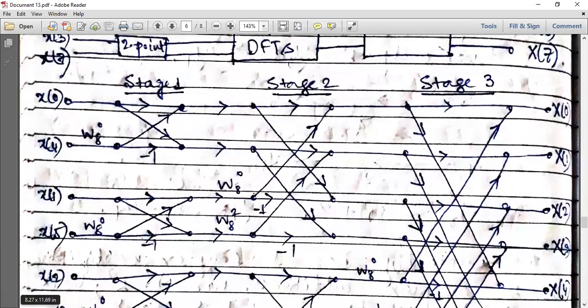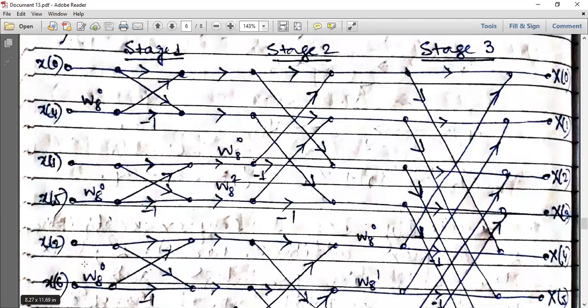And individually, I have done the butterfly. For stage 1, using x0 and x4, I have done the butterfly. These are the arrows, and don't think I have given the arrows on my own. Arrows are given in this manner only.